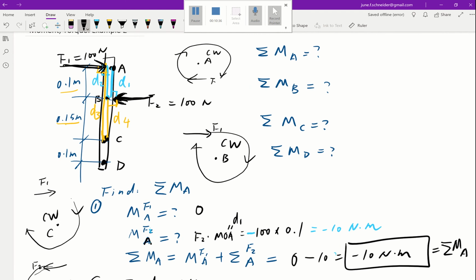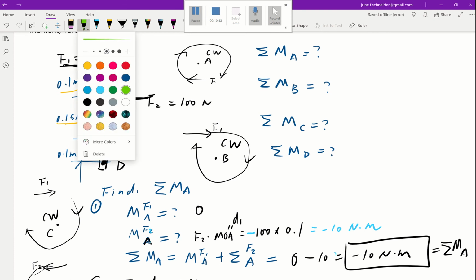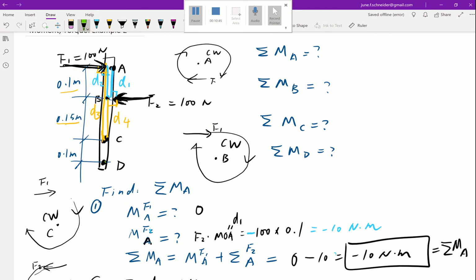All right, F1 is right here. Now we're rotating about D. I'm going to use a different color. Let's use green. So F1 rotating about D is going to be from D to the force. It's going to be this. That's going to be our D5. And D5 will be those 3 dimensions added together, right?